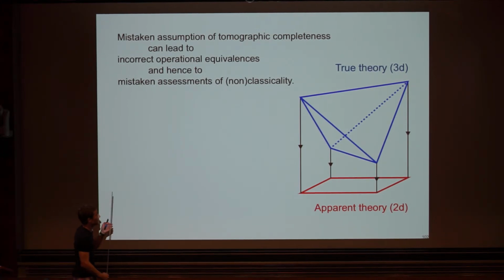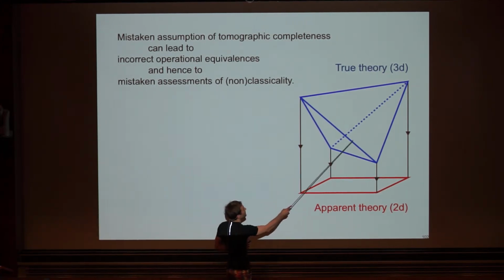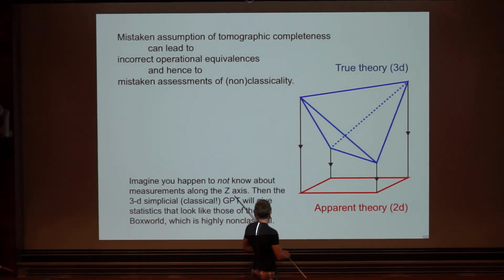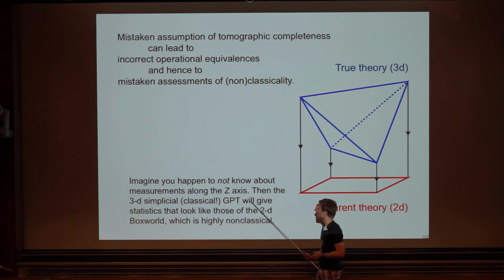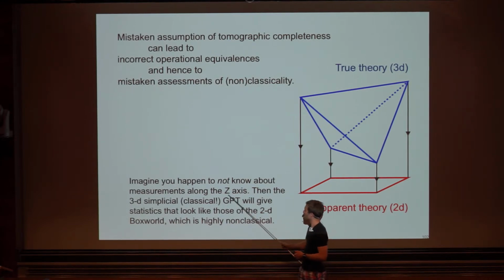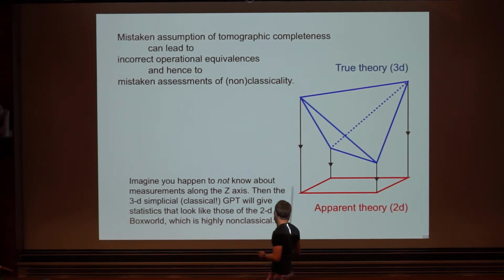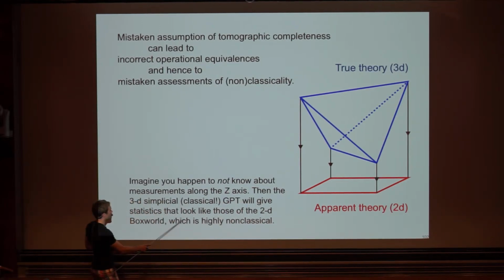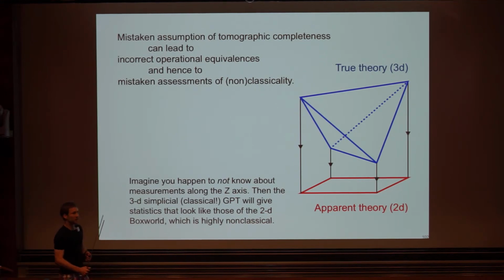And you can find examples where you take strictly classical theories and imagine that you happen not to know about measurements along the z-axis. Then this 3-dimensional classical theory will basically be projected down so that the z coordinate always goes to 0, and you end up with some square kind of GPT here, which it turns out you can find examples of, where, for example, it's the 2-dimensional GPT box world, which is highly non-classical.